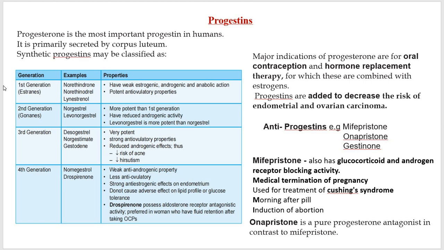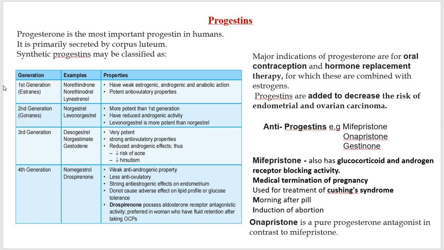In that we came across the discovery of insulin, the structure of insulin, what different chains are present, and how many interchain or intrachain bonds are present. Then we started with the insulin preparations and the specific points for each preparation.